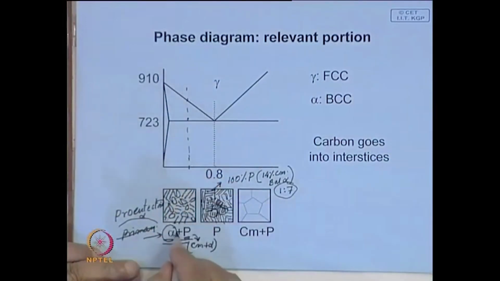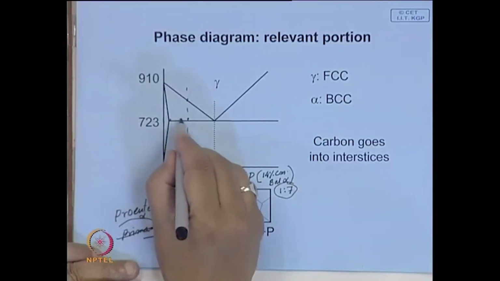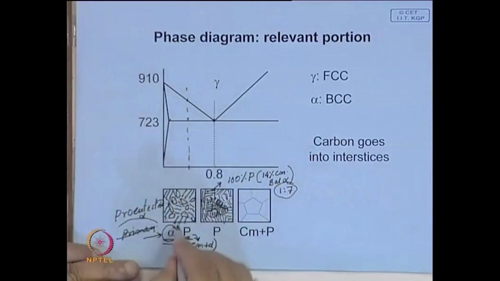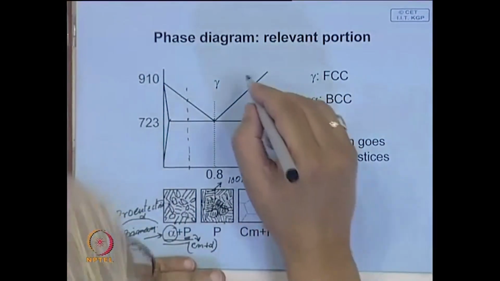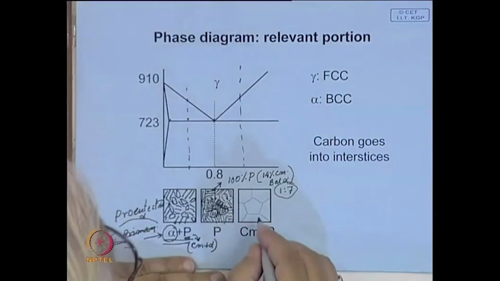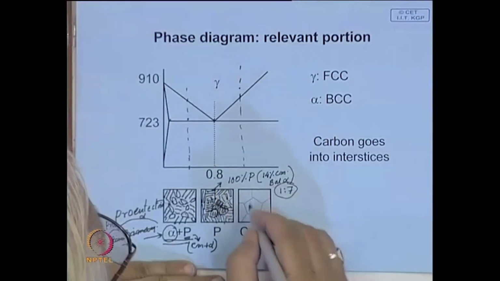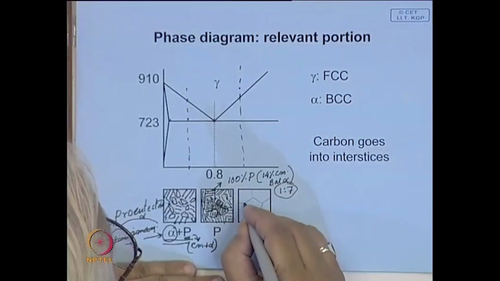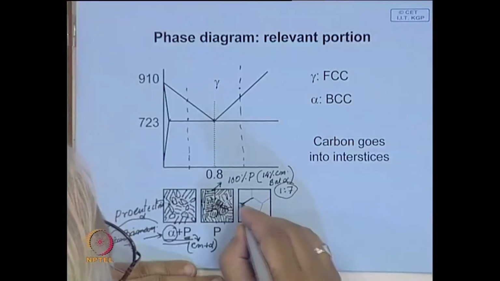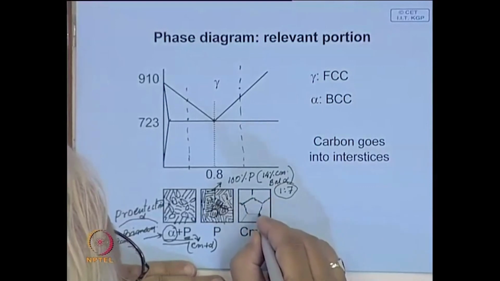In fact, the amount of proeutectoid ferrite will be maximum at this end, and as you approach the eutectoid composition, it goes on decreasing. Now, a similar thing happens here. This is called hypereutectoid steel, and when you cool from the austenitic region, initially proeutectoid cementite will form along the grain boundary first, often as a thin film around the grain boundary, because these are the likely places.